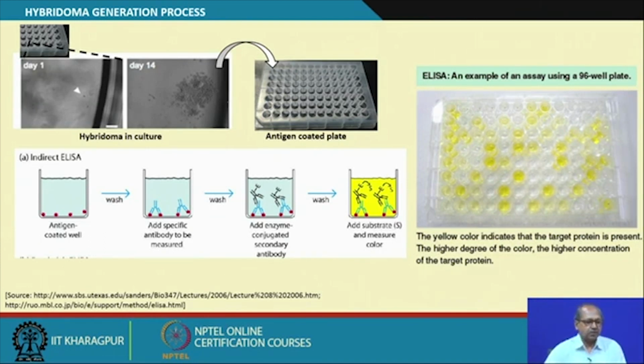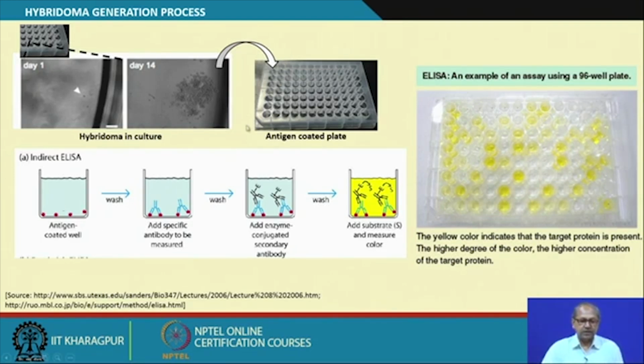Then let it culture for 1 to 14 days according to the need, and the cells will be growing; you can see under the microscope. Then you have to test the culture fluid for the antibody we need, which will be monoclonal in nature because these are derived from one B cell.